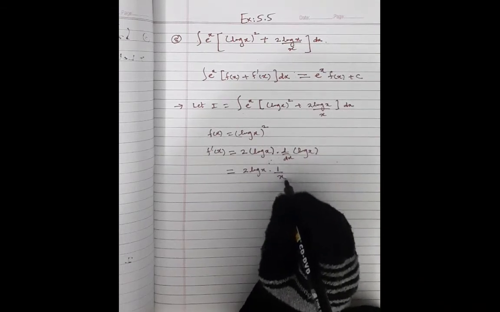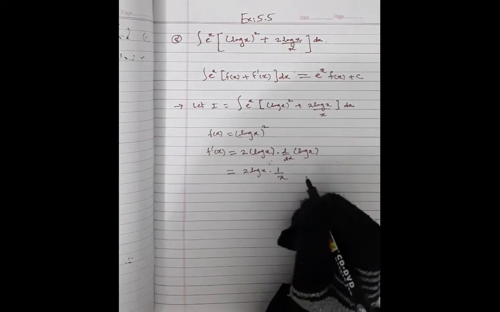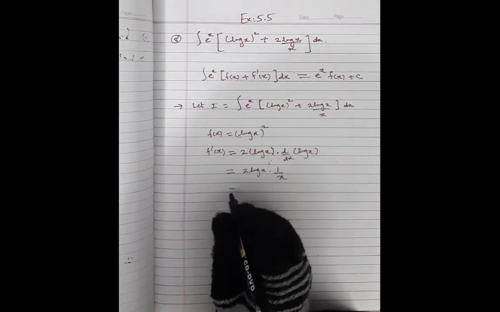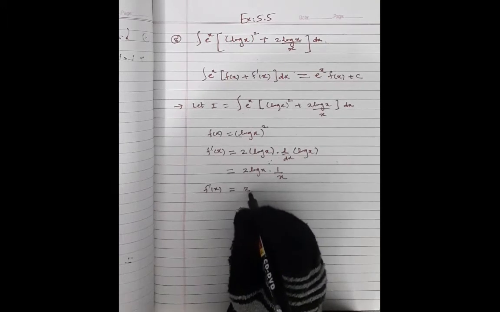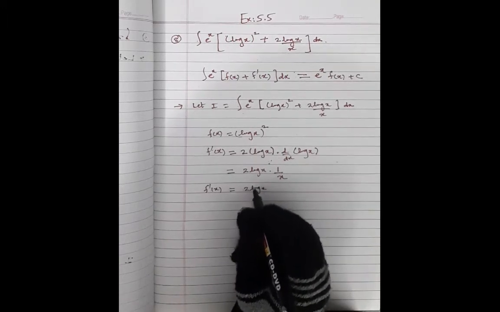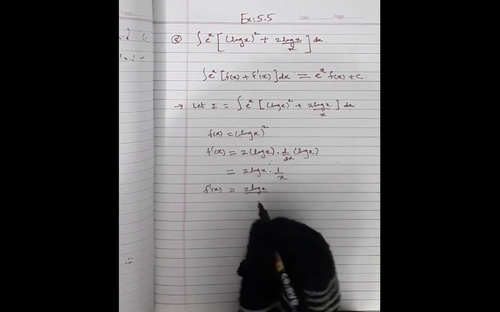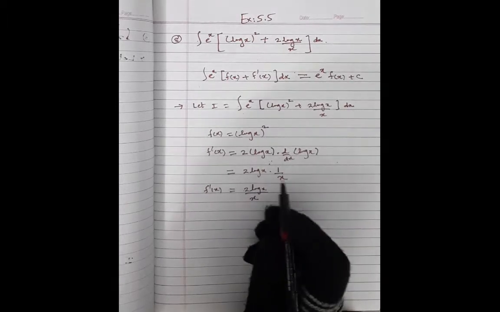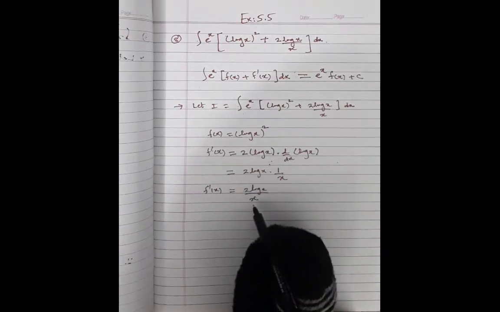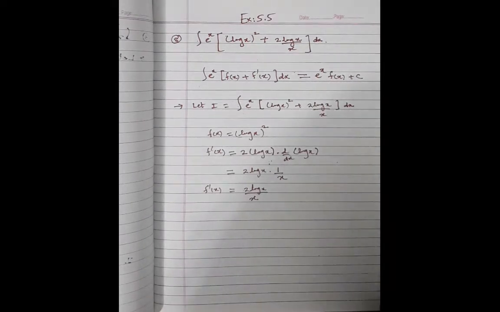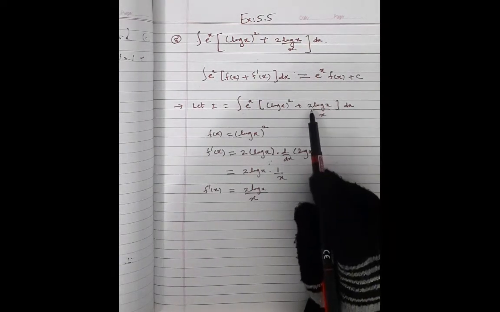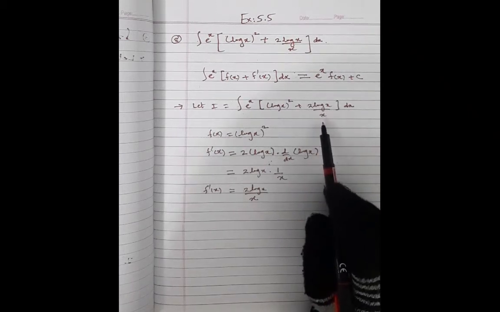The derivative of log x is 1 upon x. So what is our derivative? F dashed x is 2 log x upon x. See, here f dashed x is 2 log x upon x.